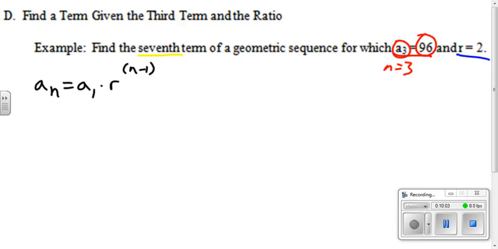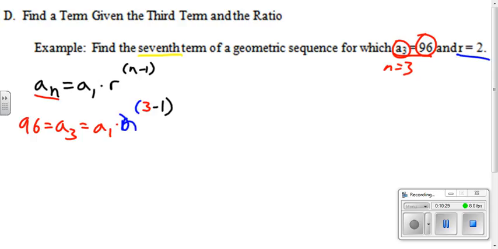So I would say 96 equals a sub 3. Going from this equation, a sub 3 equals a sub 1, which we don't know yet, times the value of r, which is 2, to the n minus 1. Again, we know that our n is 3, so 3 minus 1.